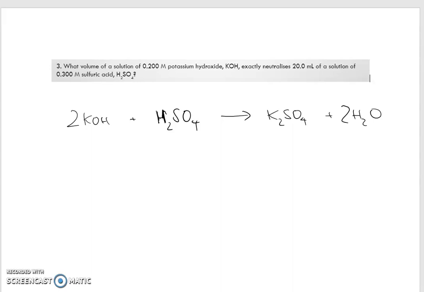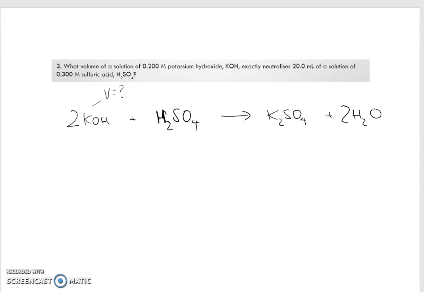Okay, so now what's the question asking? What volume of a solution of 0.2 molar potassium hydroxide, so the volume of this is what we want to find out, that will completely react with the solution of sulfuric acid that I have. So we need to think about our molar ratios, and the amount of mole that we have, and which reactant can I work out the amount of mole for?